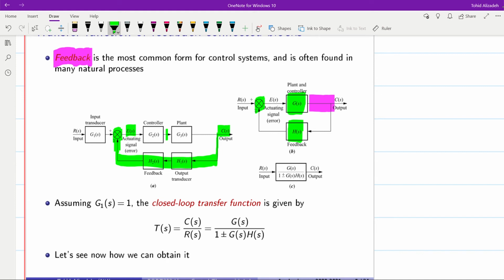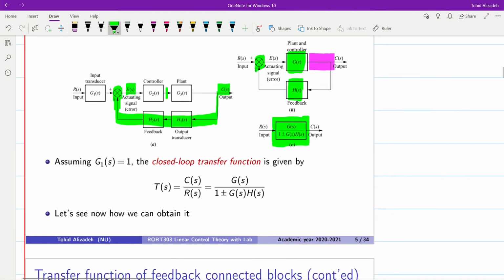That single block, which is shown here, will have a transfer function, and we can determine the transfer function based on the transfer functions of G of S and H of S. You can see how it is obtained.